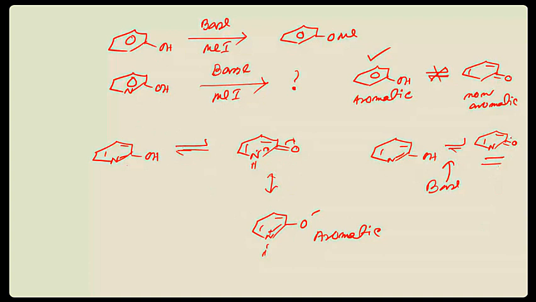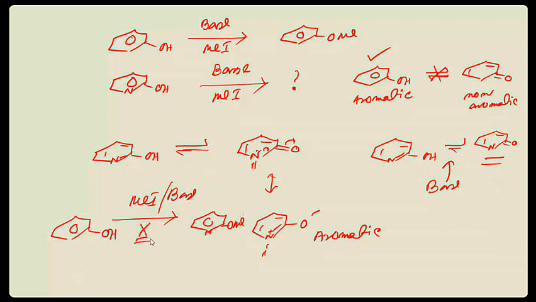So this intermediate has significant contributions. That's why through this strategy, methyl iodide and base, we cannot get the OMe product. This is wrong. We have to find some different strategy.